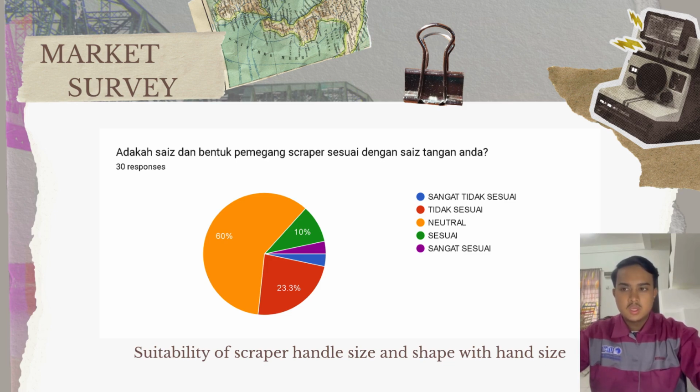On the positive side, 10% of respondents found the handle suitable and 3.3% considered it very suitable. Another 3.3% rate it as very unsuitable. The findings indicate that while the handle design is generally acceptable, improvement could be made to better accommodate users' hand size and shape.